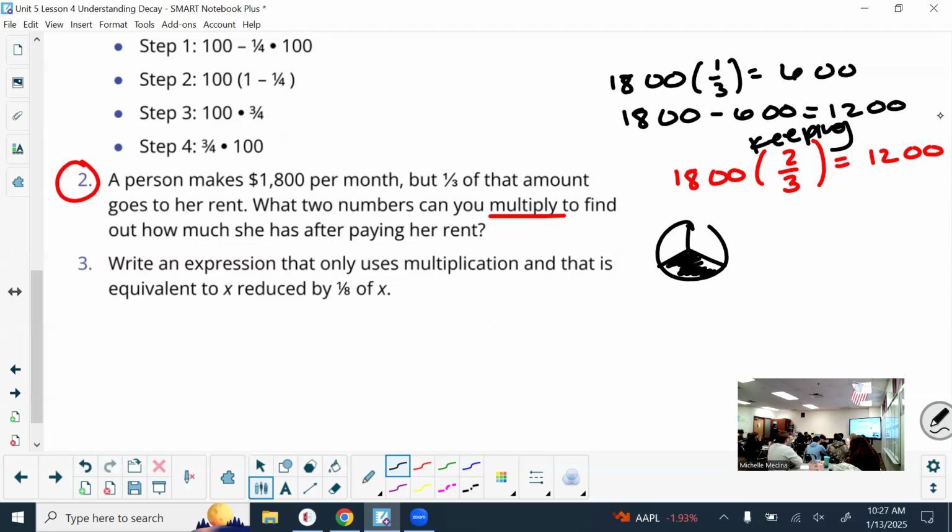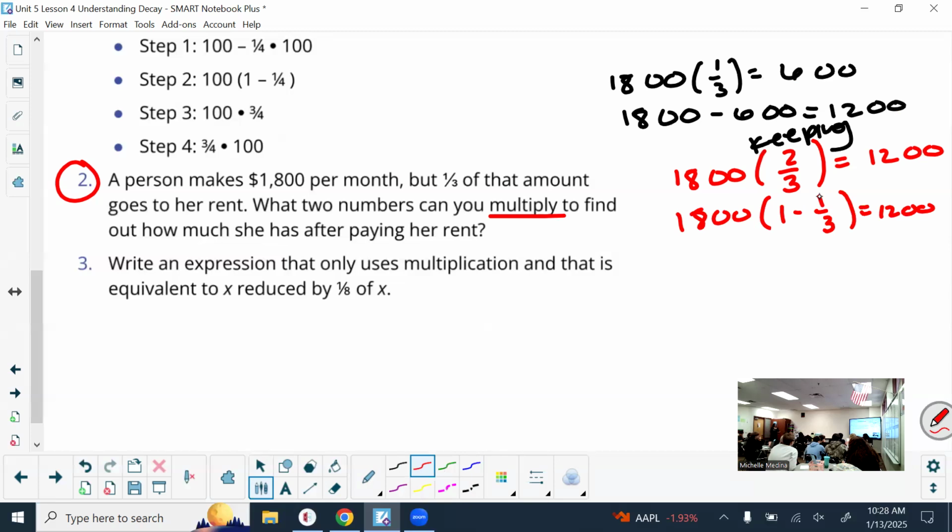I guess in your head, you are having to do the 1 minus 1/3, right? If you want to write this underneath it for where we got the 2/3 from, it's because we did 1 minus 1/3, which is 2/3. But I feel like that's easier to do in your head than 1,800 minus 600. But that's a matter of opinion, right?